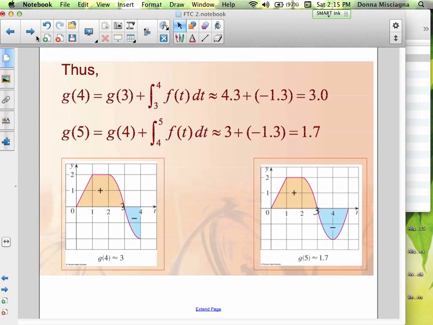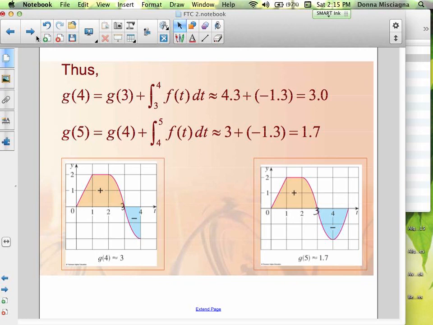So again, a little bit of an estimation here. Looks like it's pretty much the same as what was above over here. Looks like it's about 1.3. And it would be minus because we're below the x-axis. So we're back to 3, I should say, right? So g of 4 is 3.